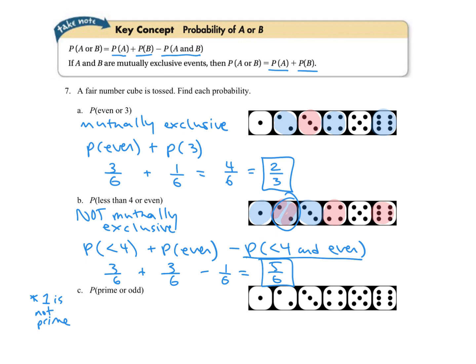So the prime numbers in this set are 2, 3, and 5. The odd numbers are 1, 3, and 5. So we had two numbers that were both prime and odd, which makes these events not mutually exclusive again.